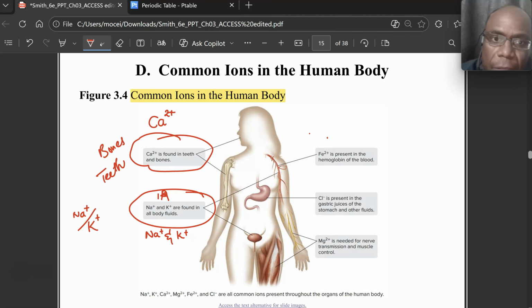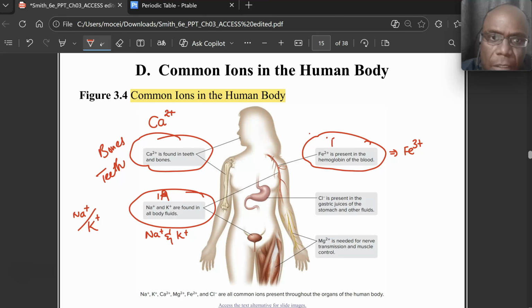Then you have Fe2 plus, which gives our hemoglobin the red color, especially when it is in the Fe3 plus oxidized form. We get the red color catalyzed by the Fe3 plus and some conjugation processes that you learn in organic chemistry and biology.